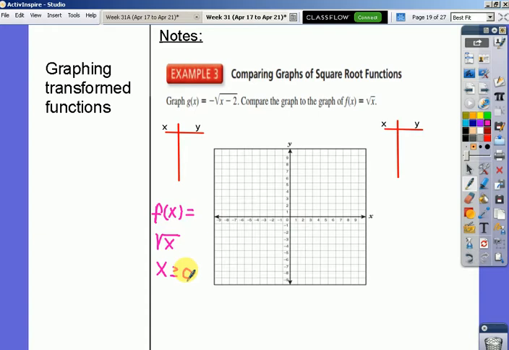Why is that my domain? I can't have a negative. So let's pick a couple positive values. 0, 1, 2. Well, let's not do 2 because that's not a perfect square. Let's do 4.